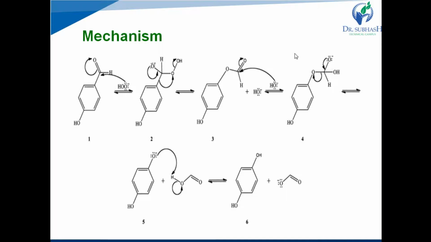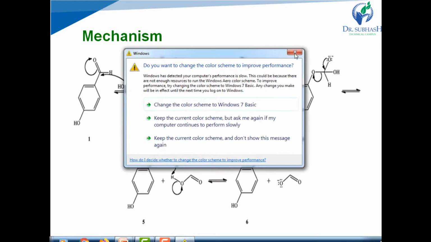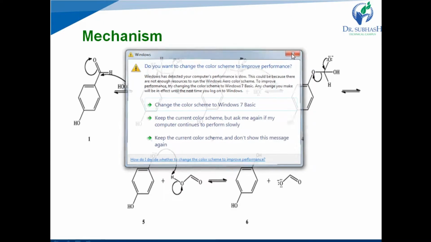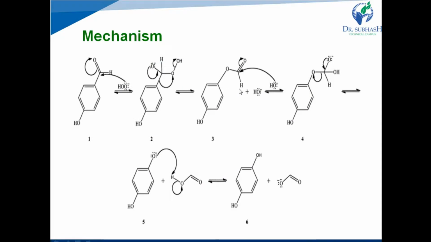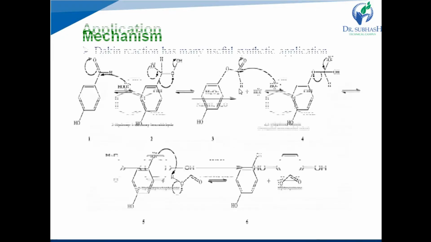And structure 5, that is phenol derivative, substituted phenoxide ion. Structure 5 and 6 are in equilibrium, that is phenoxide ion and formate ion. Phenol and formic acid are in equilibrium. Proton transfer from phenoxide to carboxylate ion occurs and forms the benzene diol, that is phenol derivative.